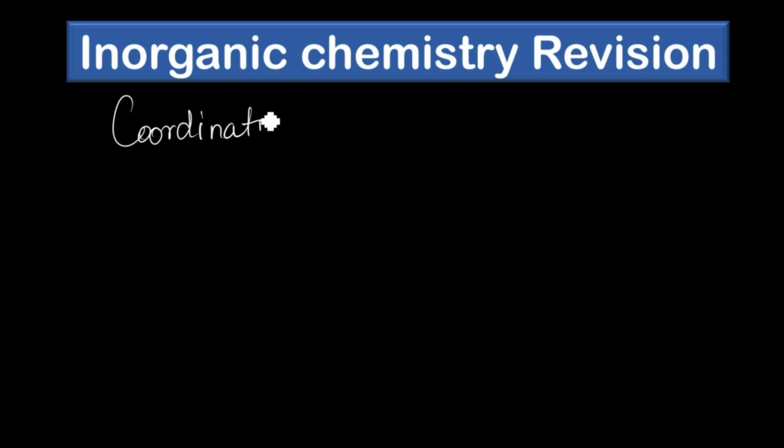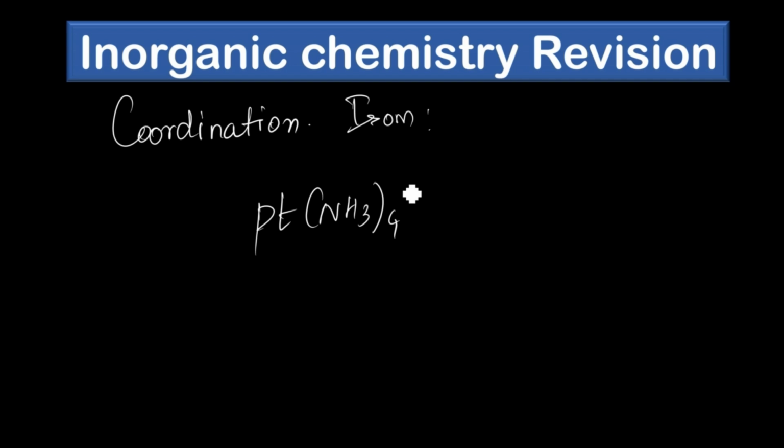The next one is coordination isomerism. Usually people confuse coordination and linkage isomerism. I'm telling you, you can answer this question without any confusion after my explanation. As we said, linkage is for ambidentate ligands. Coordination means, for example, Pt(NH3)4 PtCl4.